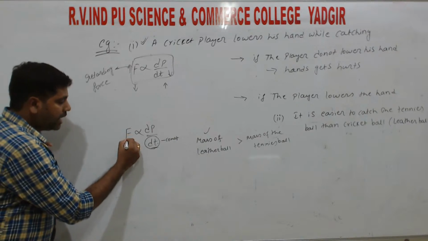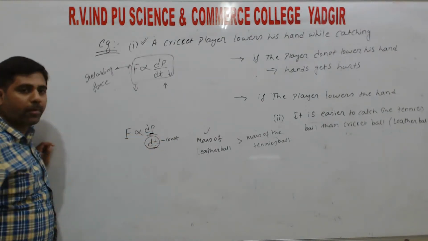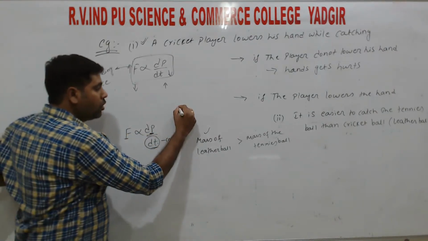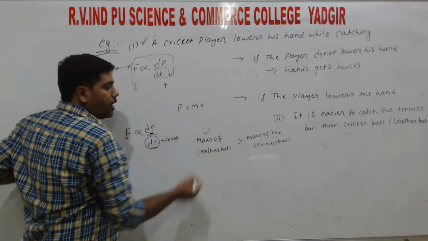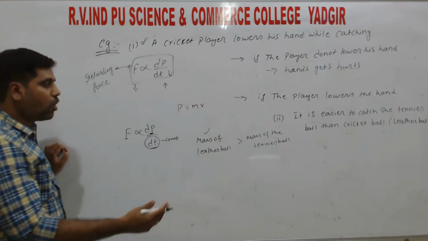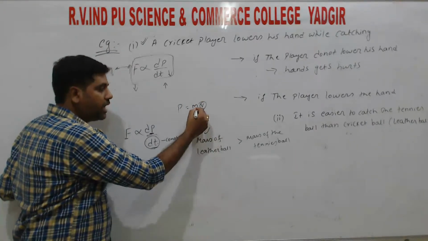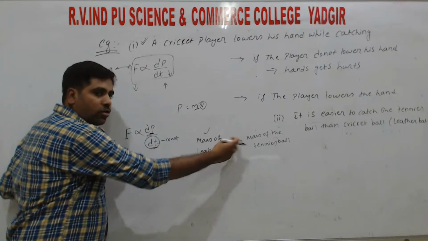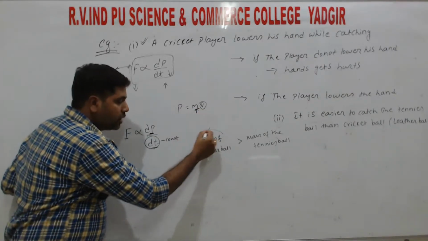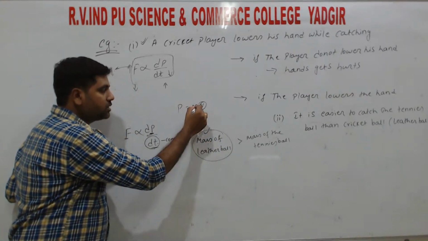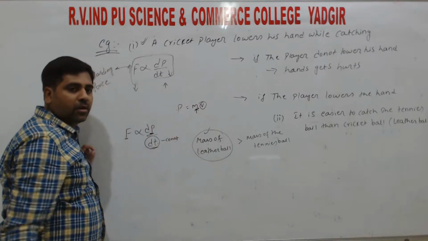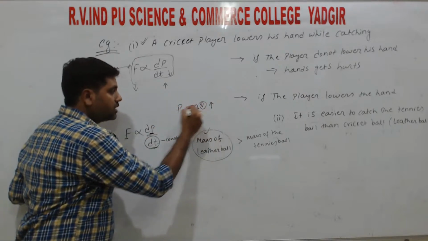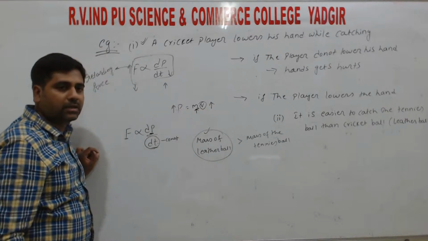Now we are relating force with momentum. As we know, momentum is equal to mass into velocity. The ball is moving, so it has some velocity, and the ball has mass. The ball is moving in both cases, the same. If the leather ball has greater mass, then since mass is directly related with momentum, as mass increases, momentum increases, right?